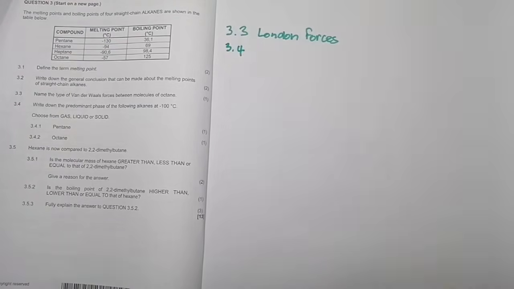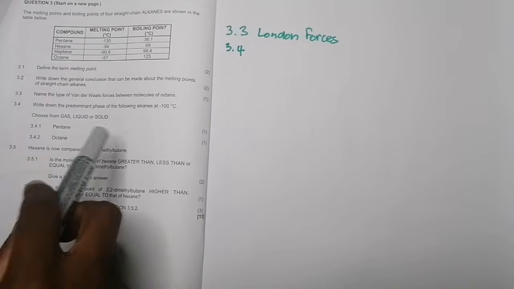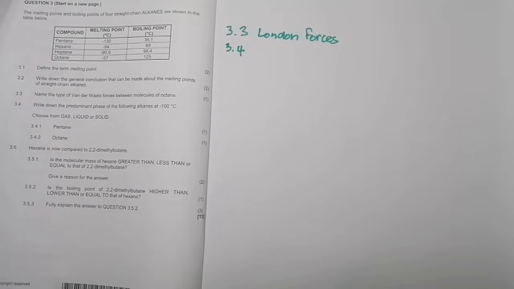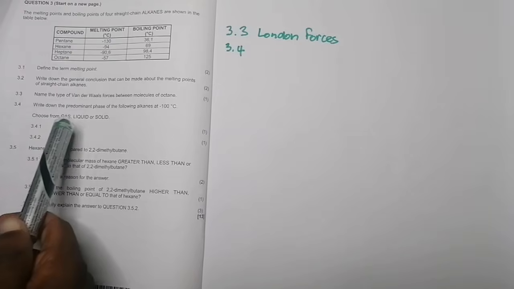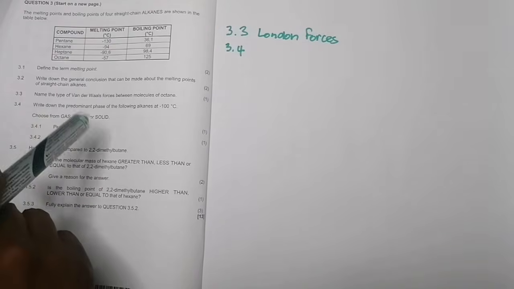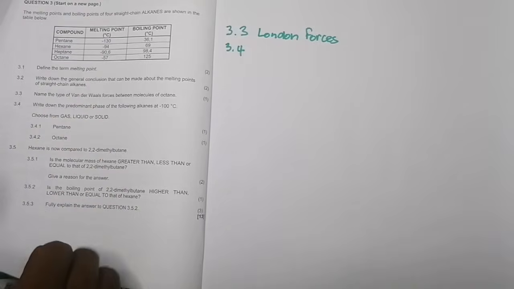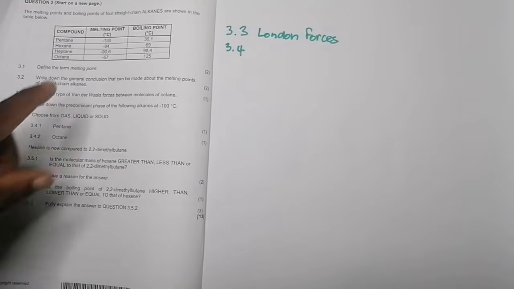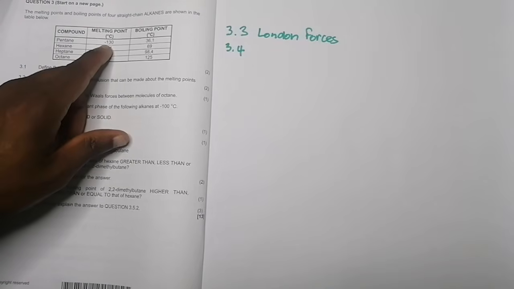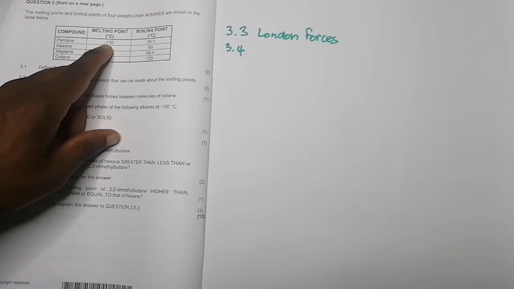So 3.4, they say write down the predominant phase of the following alkanes at minus 100 degrees Celsius. They say choose gas, liquid or solid. Before I get to this question, remember what melting point is. It means for pentane, for instance, if it's below minus 130 degrees, it would exist as a solid.